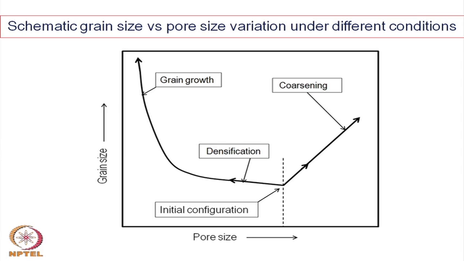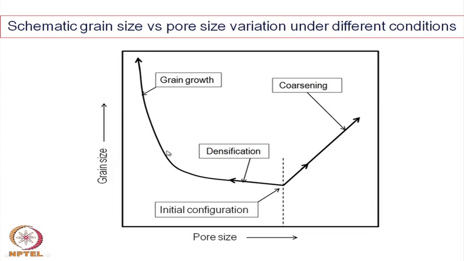Whereas the more desirable situation is this one, where the pore size is decreasing and consequently there is a densification, and then towards the end there is a grain growth and the pore size becomes finer and finer.